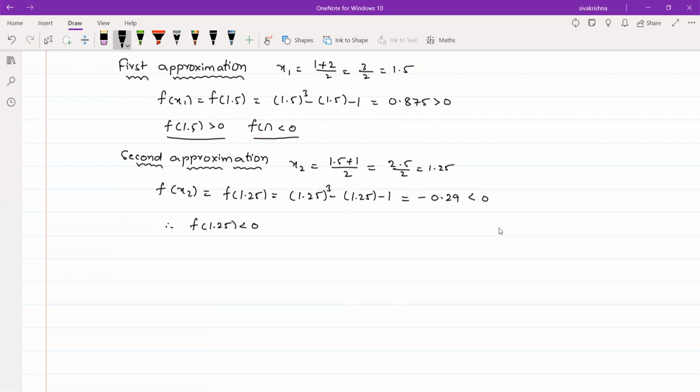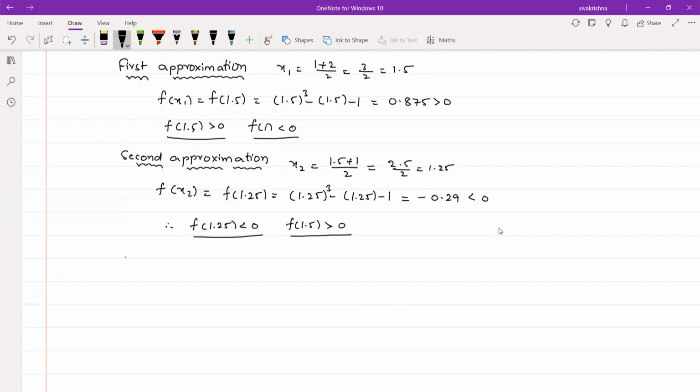If you want to find the next approximation, we require a negative sign together with a positive sign. Since we have a negative sign, now we have to carry a positive sign from the above step. Since the sign of f of 1.5 is positive, we have to carry that particular term to find the next approximation. Once again I am underlining the terms f of 1.25 and f of 1.5, because those two numbers have opposite signs.